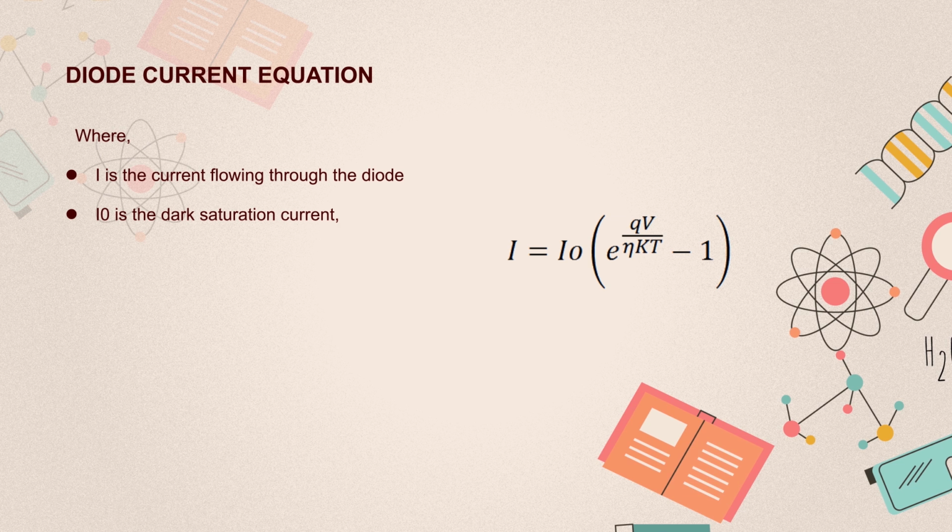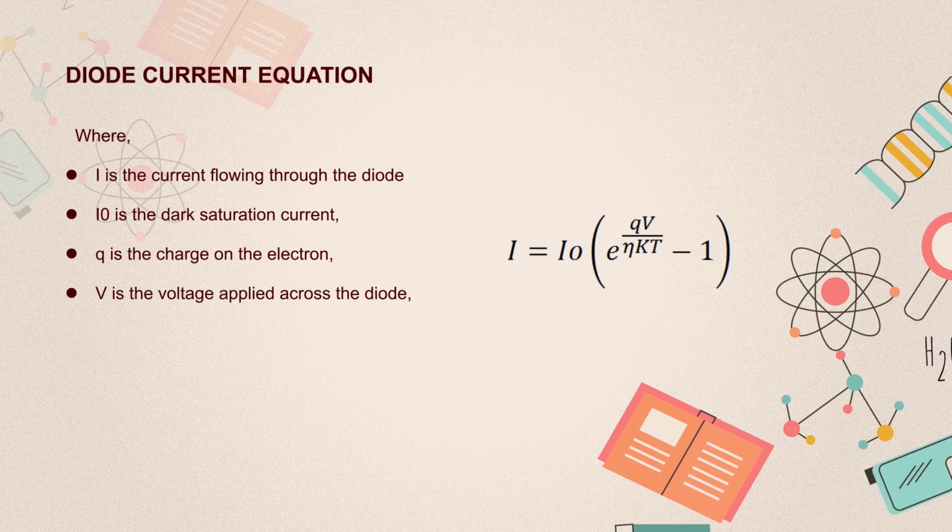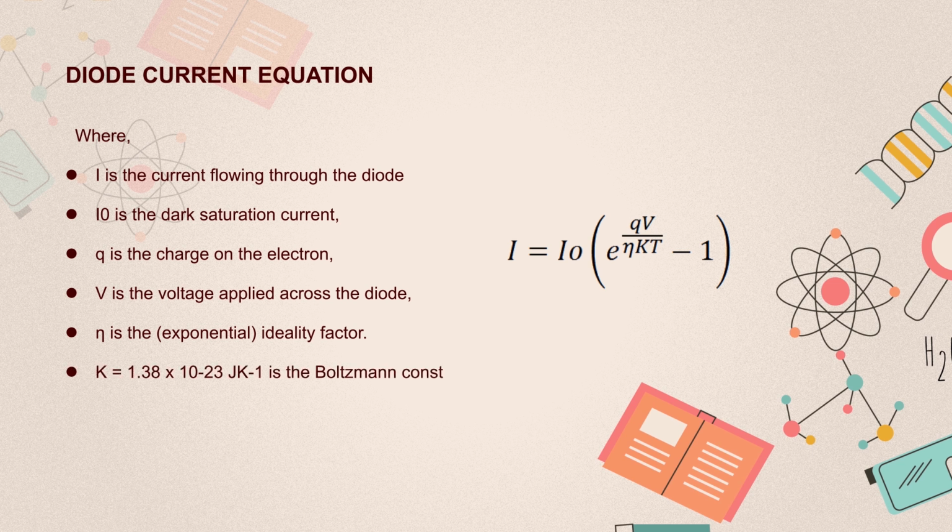Next is q. q is the charge on the electron. V is the voltage applied across the diode, the amount of voltage which we are applying as the forward bias or as the reverse bias. n is the exponential ideality factor. k is the Boltzmann constant, and as we know the value of k is 1.38 into 10 to the power minus 23.